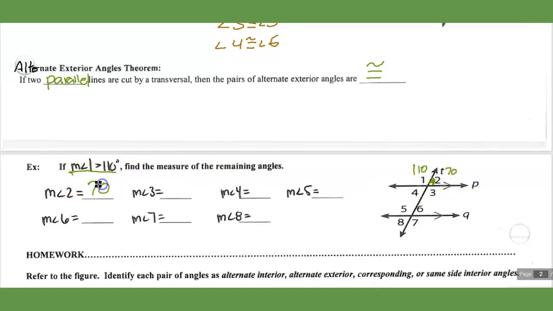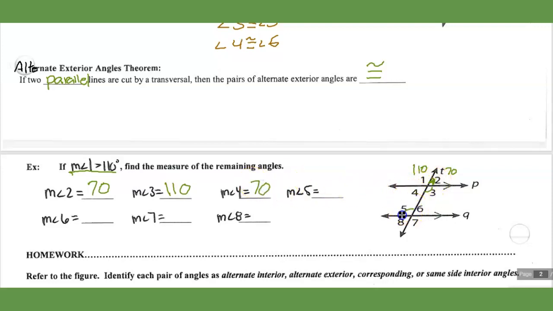Angle 3 is a vertical angle to angle 1. So angle 1 and angle 3 are congruent by vertical angles, so this must be 110. Angle 4 is a linear pair with angle 1, so that's going to be 70. It's also a vertical angle with angle 2, so it's 70 there as well. So we can get it from subtracting 180 minus 110 and also knowing it's congruent to angle 2.